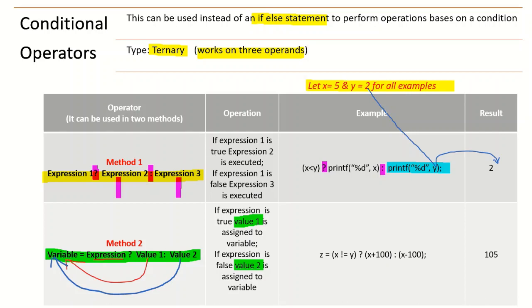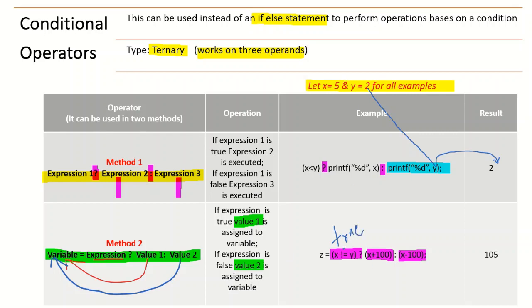Here in the example, z = x != y ? x + 100 : x - 100. This is the condition, x not equal to y. So this condition is actually true because 5 is not equal to 2.